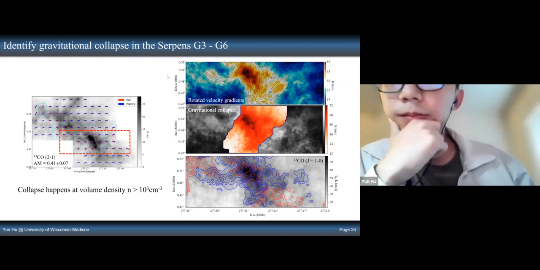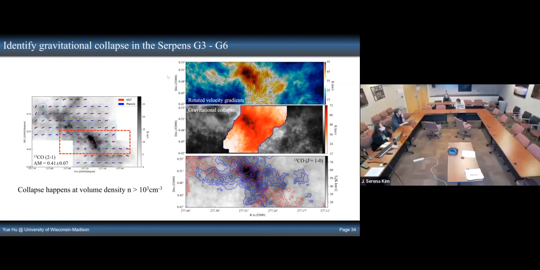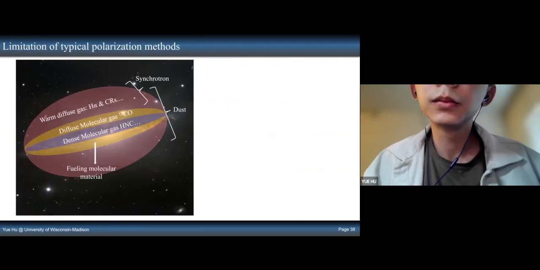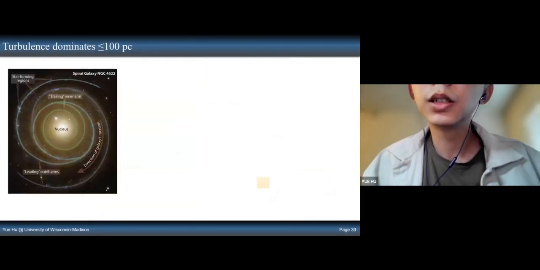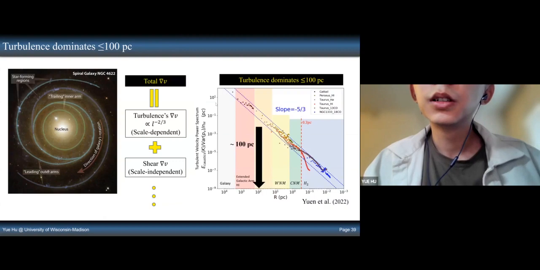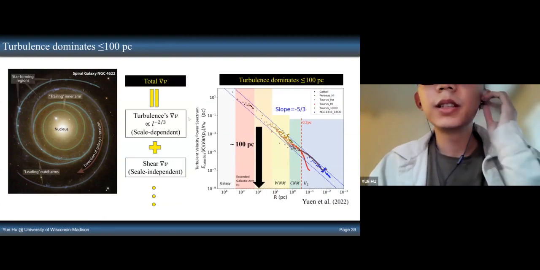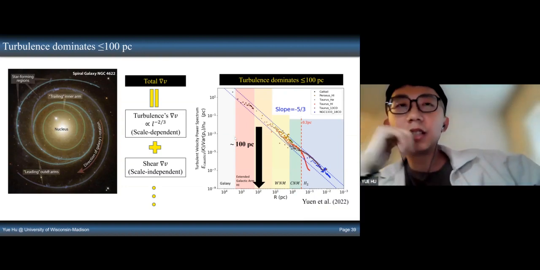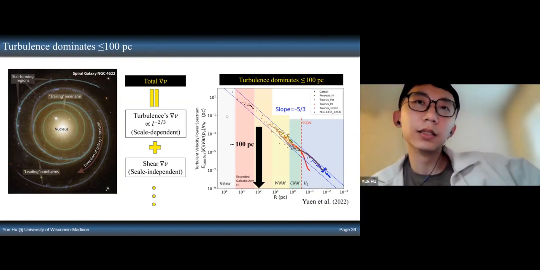Okay, good. So I was wondering, you were comparing the scales of turbulence and differential rotation, shear, and the plot just went by a little quickly. I couldn't quite identify the break at 100 parsecs. Okay, you mean this plot? Yeah. Okay, here this plot is just the velocity spectrum for turbulence.